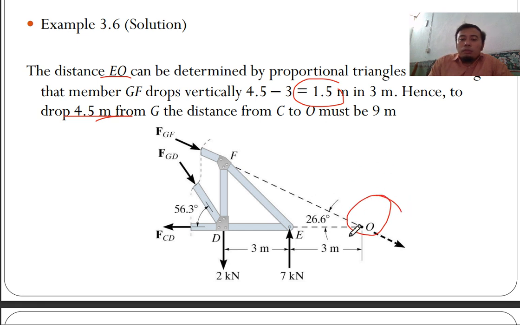For that, you can cancel out certain moments. For example, in this, you cancel out FCD and FTF, if I'm not mistaken. So you want to do proportional triangles here at point O. So GF, so here is GF.